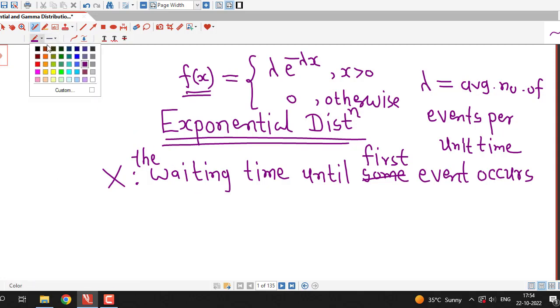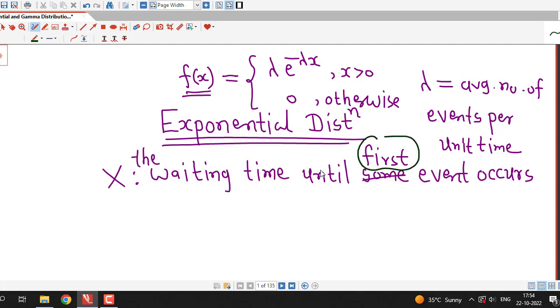Now suppose we want to generalize this random variable up to any event. Here we are considering the waiting time until the first event occurs, but suppose we are interested in the waiting time until the second event or third event or 12th event occurs, then this exponential distribution does not work.